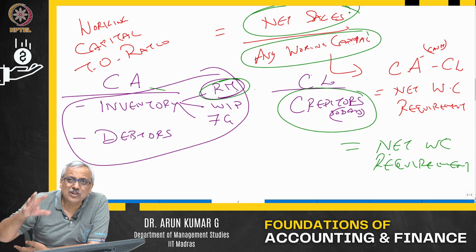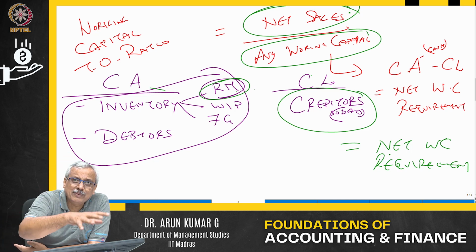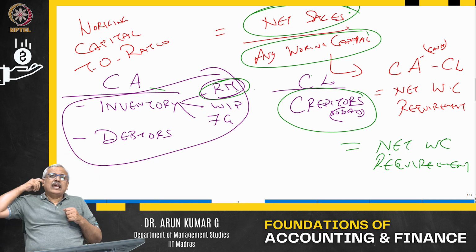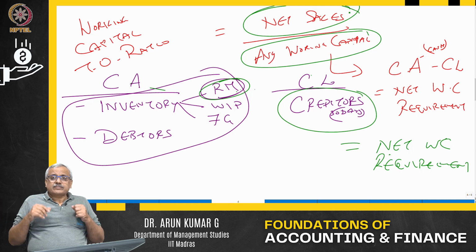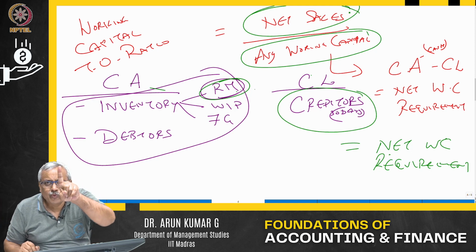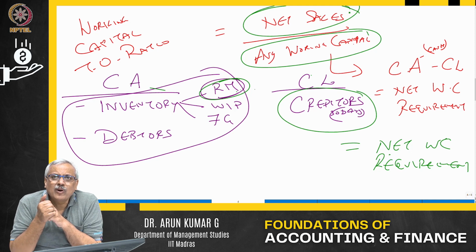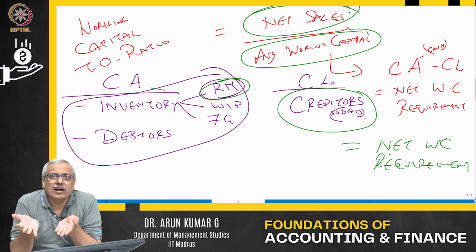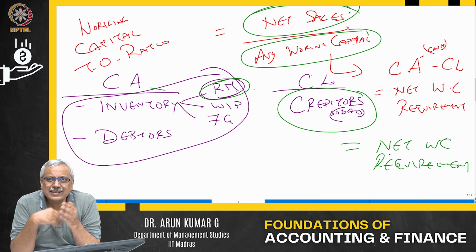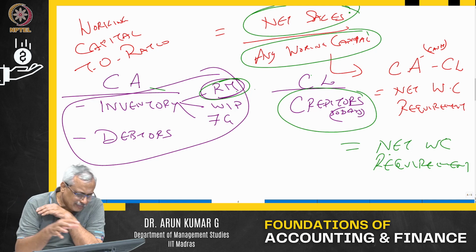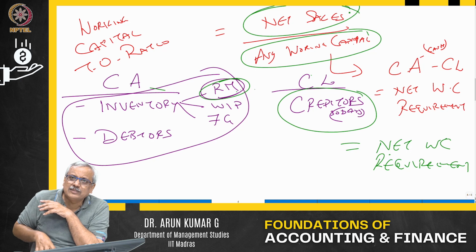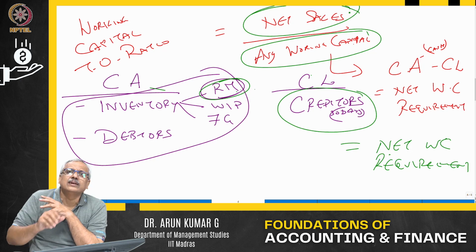That means, is your money sticky? If your money is not moving, for example, if my sales is only once or less than 1 of my working capital, that means a lot of your money is blocked, your money is not rotating, money is blocked in inventory, money is blocked in debtors, it is not moving.